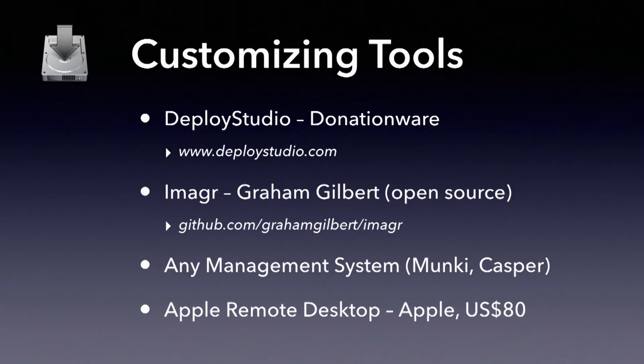It is technically free, but it is closed source. That's why the next tool on the list, Imagr by Graham Gilbert, has come to fruition, because when there are problems with a closed source tool, you can't just go in and fix it. So Imagr is basically currently a command line tool that runs off of XML files, just like plists, easy enough to edit on your own, that determines the payload.